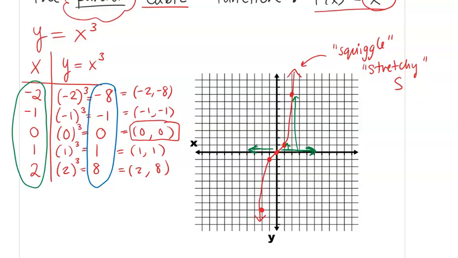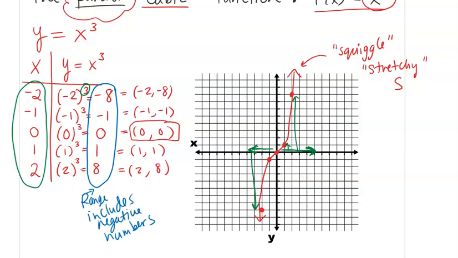And when you take a negative number and raise it to an odd power, like right here when I took negative 2 and cubed it, the result of that is negative. So instead of going left and up like what happened when we had the quadratic function because we were squaring the number, now when I go left on the x-axis, I'm going to go down on the y-axis, because when you cube a negative number, you get a negative. In other words, this time our range is going to include negative numbers.